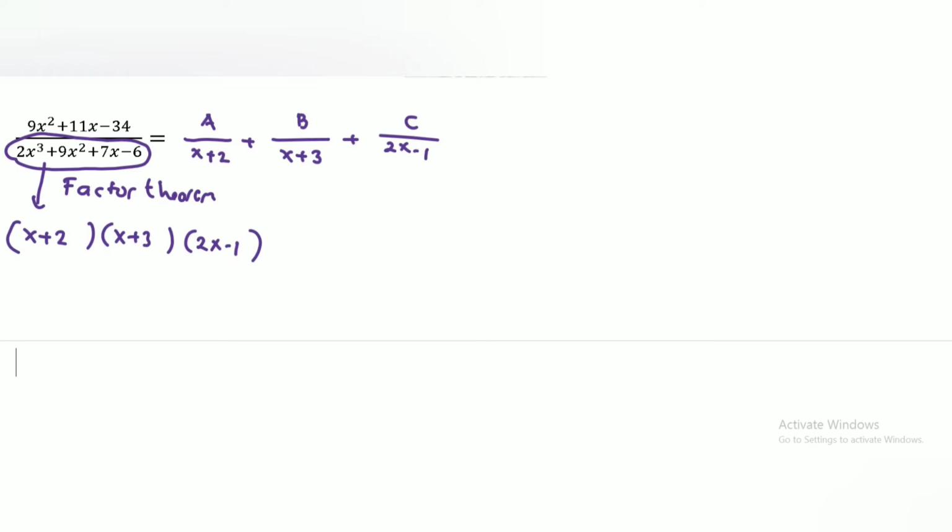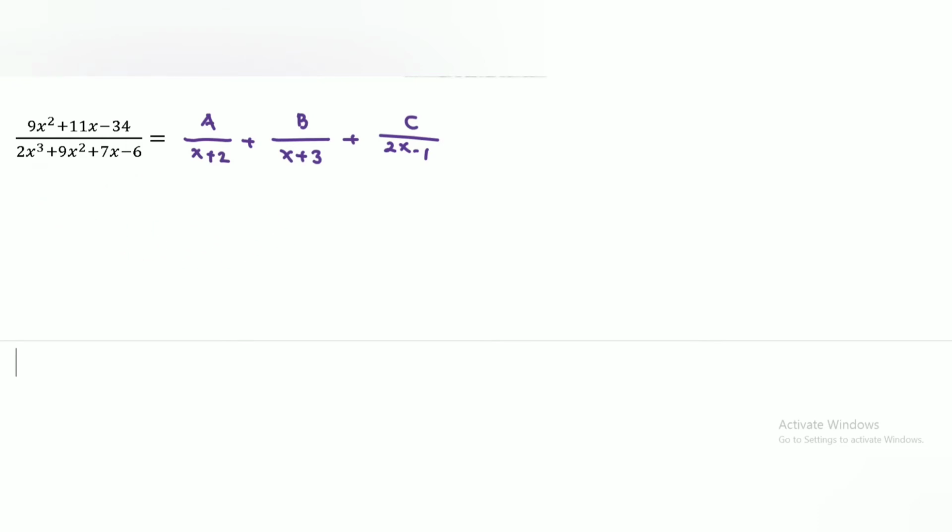Now the objective is we need to find the numerators. Keep in mind that we are not dealing with the factors of the numerator, if there are any. We don't bother to factor this one, just leave it be because it isn't really necessary.